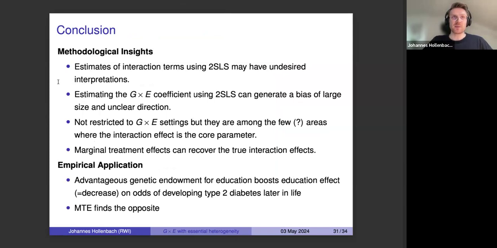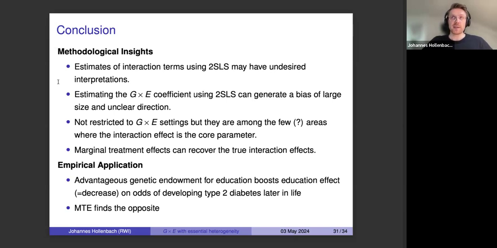But you actually want this interpretation of the interaction effect as a classical interaction effect in the econometric sense, because you want to be able to make statements like genetics and education reinforce each other, or education is maybe able to offset genetic risks.